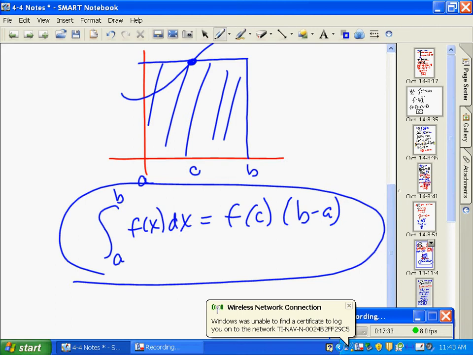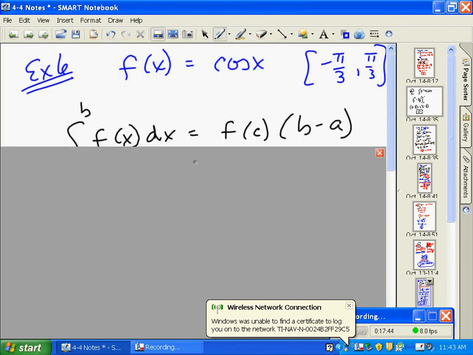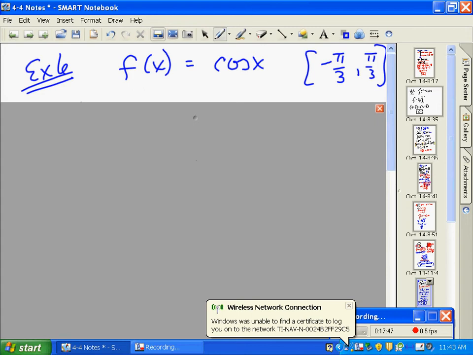Okay, so looking at example 6. Let me get caught up here on my notes. I know I'm going fast, but you can pause. Okay, example 6. Find the value of c guaranteed by the mean value theorem for integrals for the function f of x equal to cosine of x over the interval between negative pi over 3 and pi over 3.